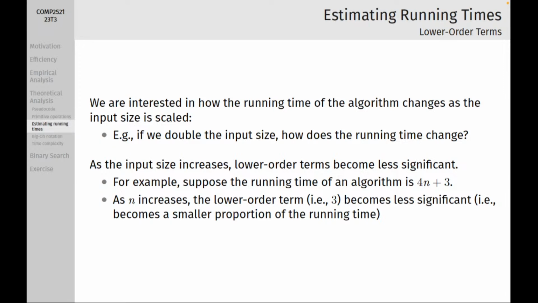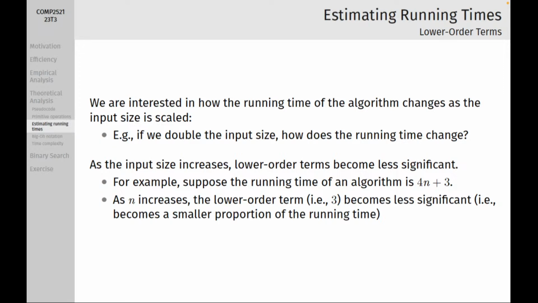For example, let's look at 4n plus 3 from linear search. If n is just 1, like we're searching through one element, then the lower order term here does have quite a big impact on the running time.